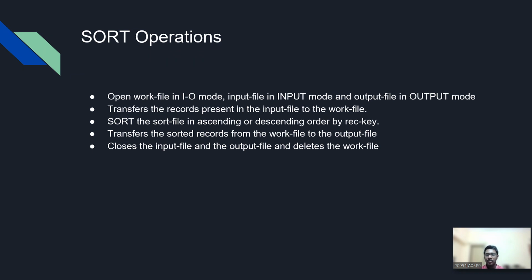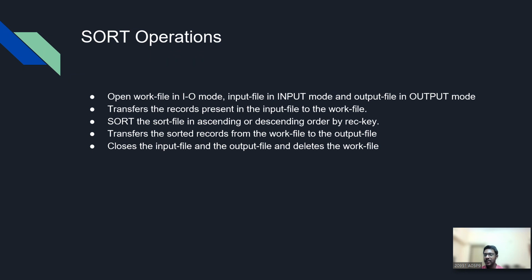So this is how the flow works in the sort operation: data is first sent to the work file, and from the work file to the output file, and both input and output files will be stored, but the work file will get deleted.